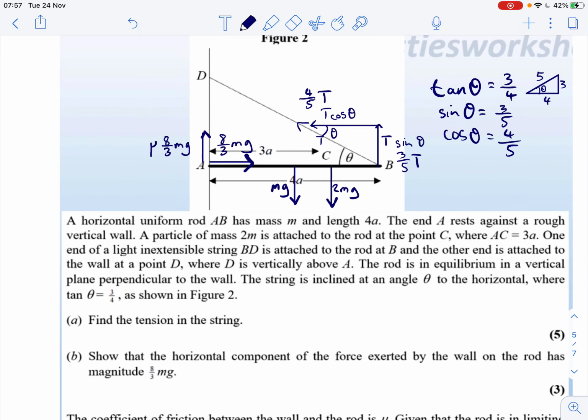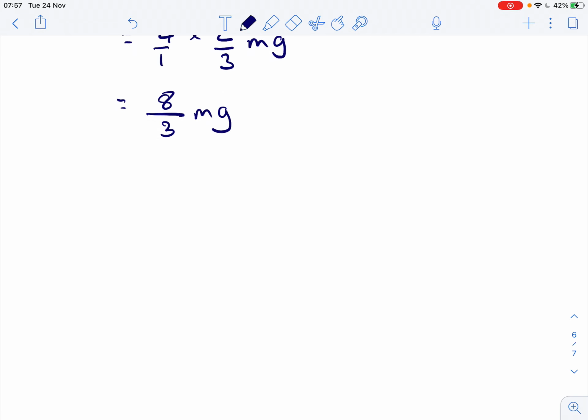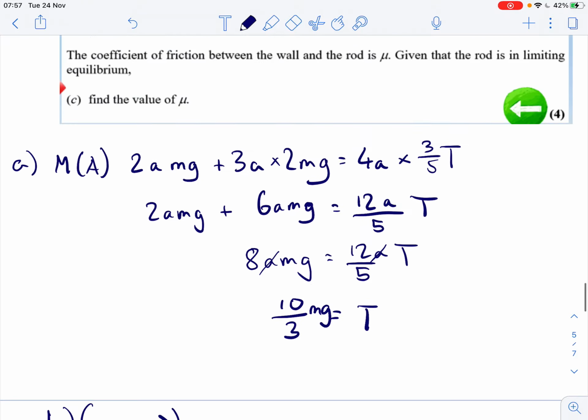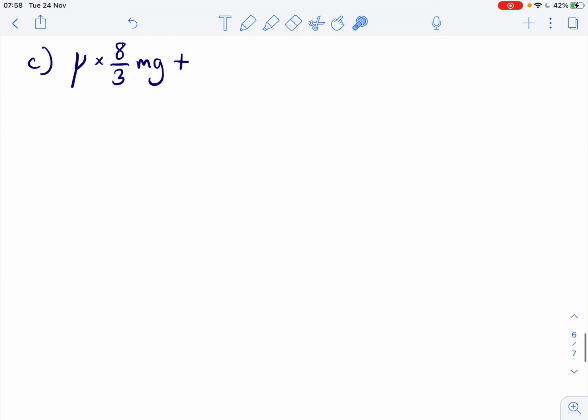Okay, so now I can look at all the forces acting vertically. Let's start C. I know mu times 8 over 3 mg plus, what's the other force going vertically? It's just this T force, so 3/5 T.